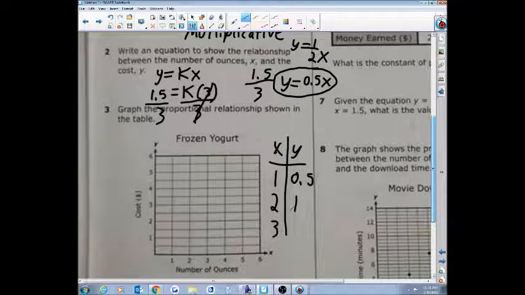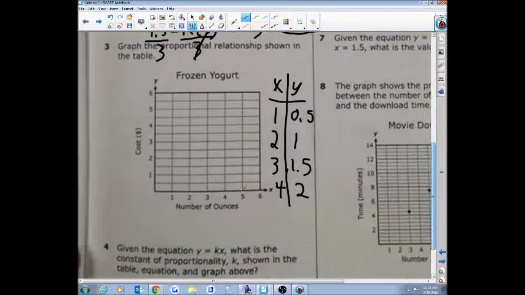And then 3 times 0.5, or half of 3, is 1.5. And 4 times 0.5, or half of 4, is going to be 2. We can keep this table going. Let's just go up to 5. So 5 times 0.5, or half of 5, is 2.5.